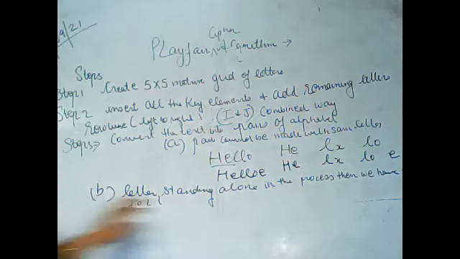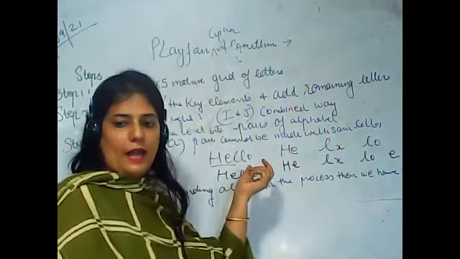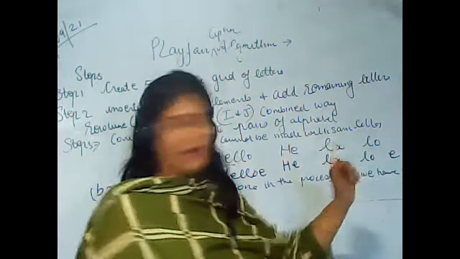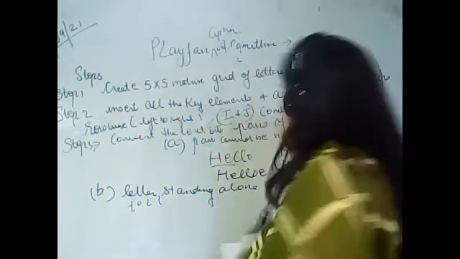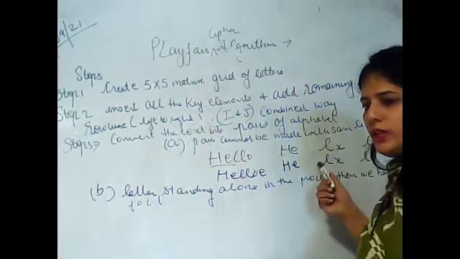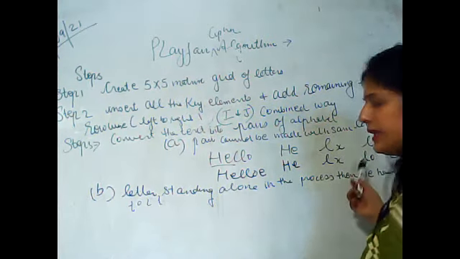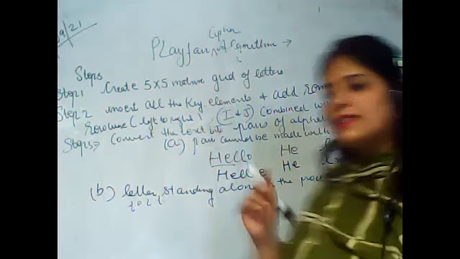Okay, so previously, while pairing, we are left with a single letter. The first rule says that if consecutive same letters are there, we add X to the first letter and pair the next two remaining letters. And the single letter that will be left here, we add Z to it.